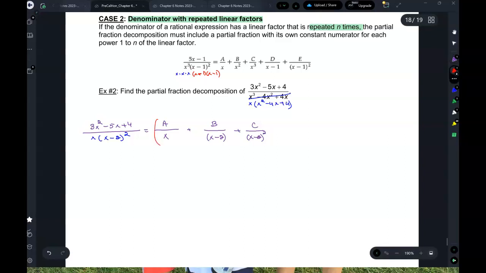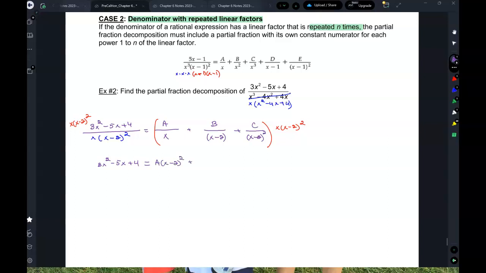I'm going to multiply the whole thing by x times (x minus 2) squared. So I get 3x squared minus 5x plus 4 equals, distributing, for the first term, A times (x minus 2) squared plus Bx times (x minus 2) plus Cx.